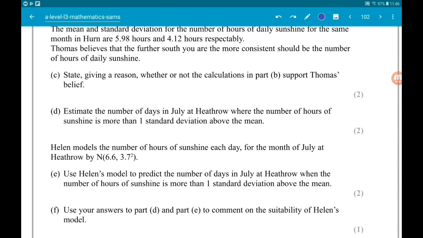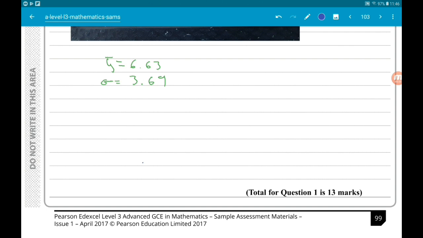Okay, part D wants us to estimate the number of days in July at Heathrow where the number of hours of sunshine is more than one standard deviation above the mean. The first thing we're going to need to work out is the mean plus 1 SD.